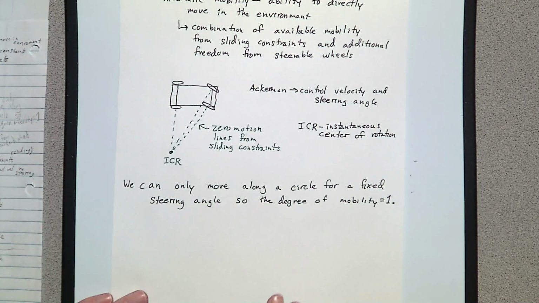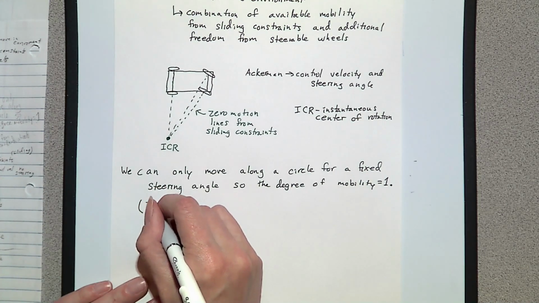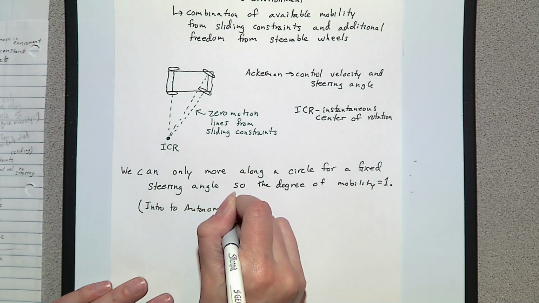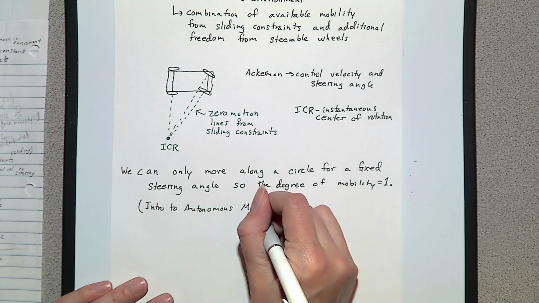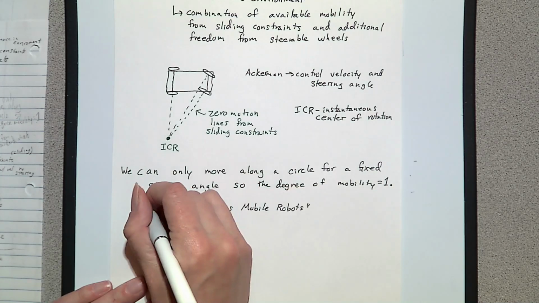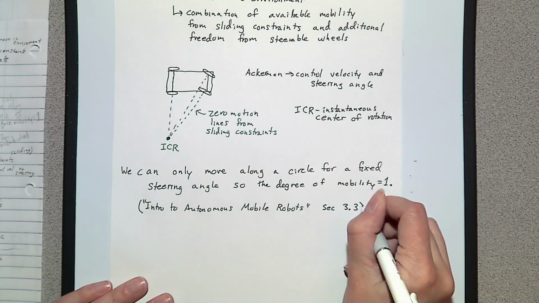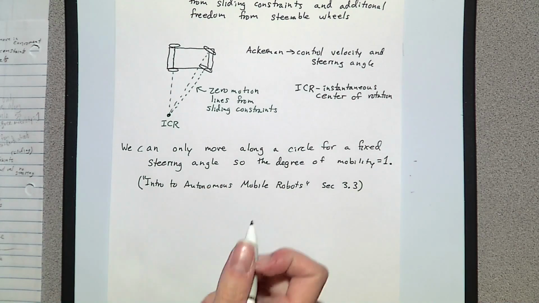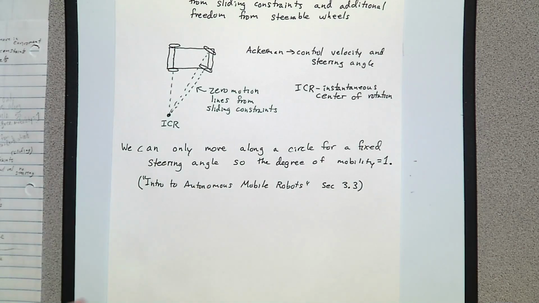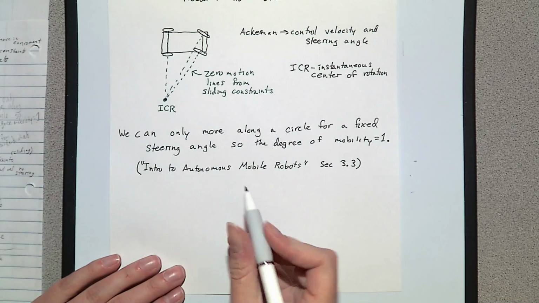You can get more detail of this in the Intro to Autonomous Mobile Robots book. In section 3.3, they go into a little bit more detail, and you can see a better sketch of this ICR. And so this first was our degree of mobility.